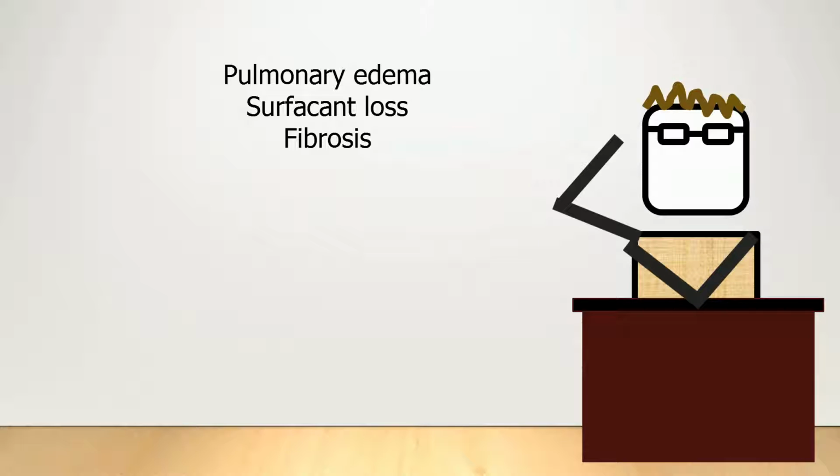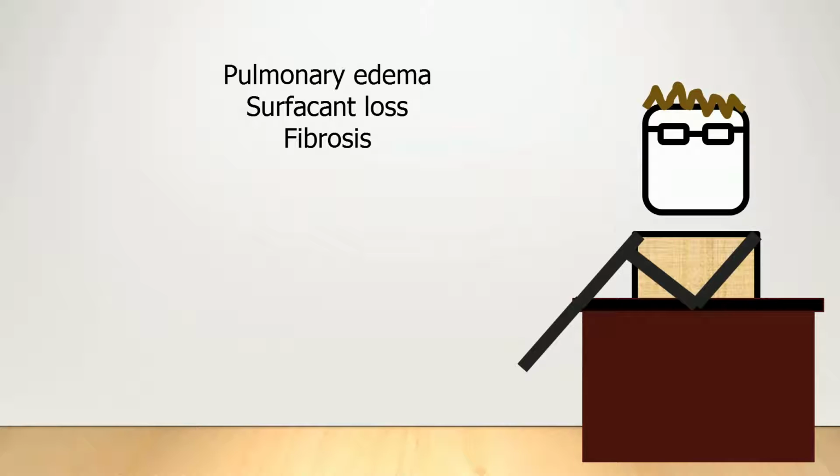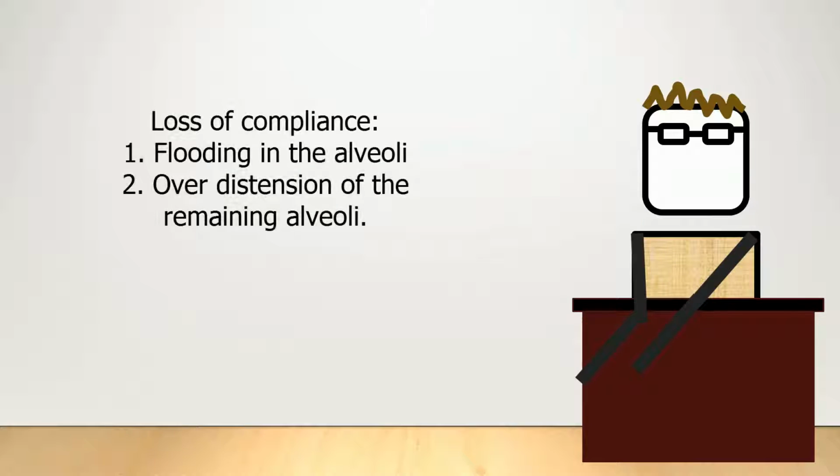The majority of the airspace is occluded and airless at the end of expiration. Surfactant is lost, which causes the alveoli to collapse and flood the lungs with fluid, leading to a fall in the lung compliance. As the lungs start to repair, scar tissue can form that causes the reduced compliance to become permanent.